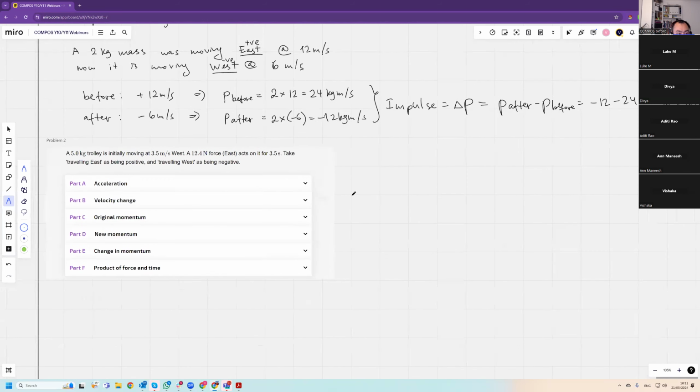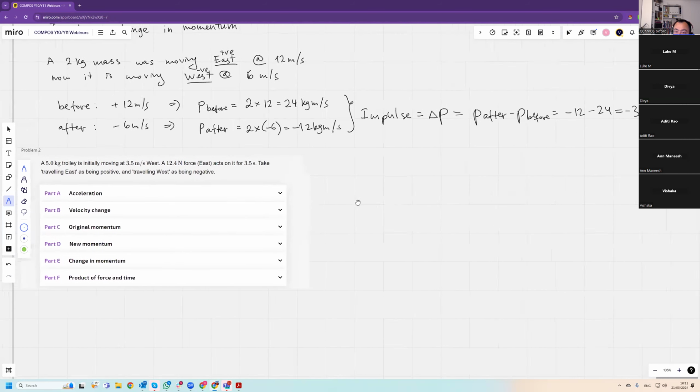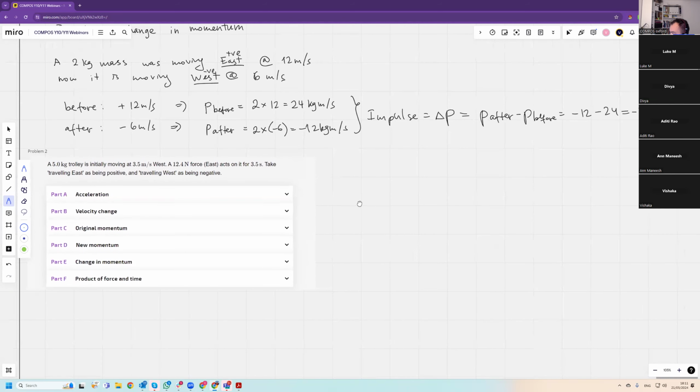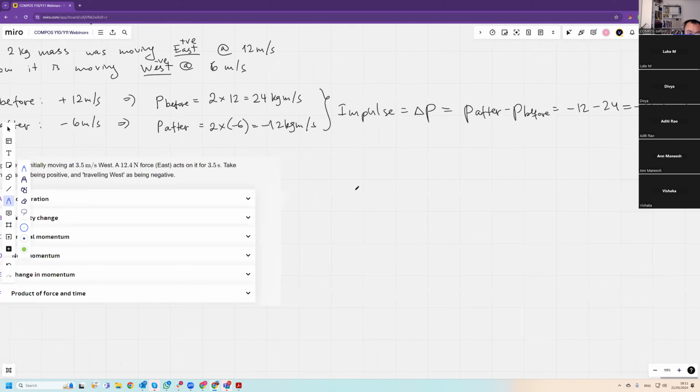Okay. Now, it turns out, and we show this in the assignment, that change in momentum is also the resultant force multiplied by the time.